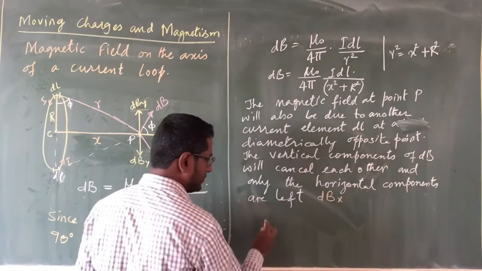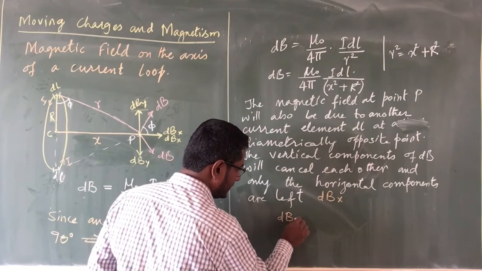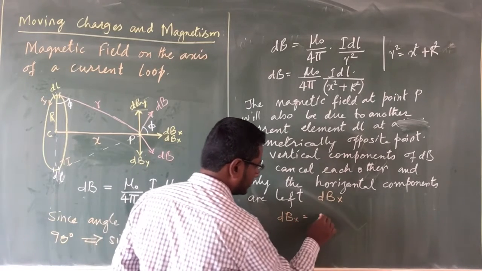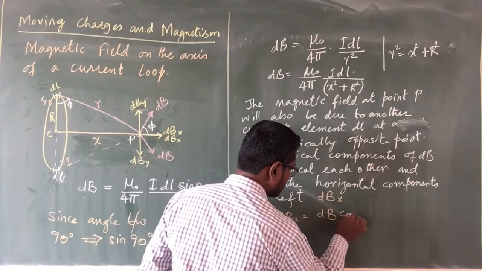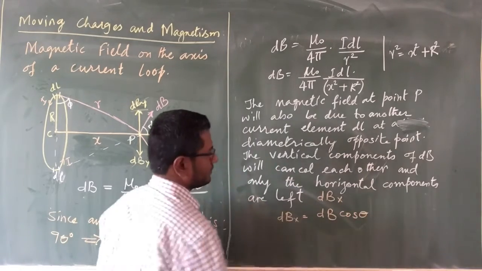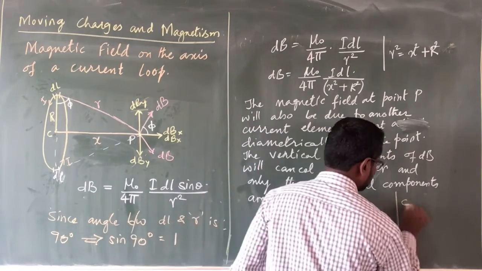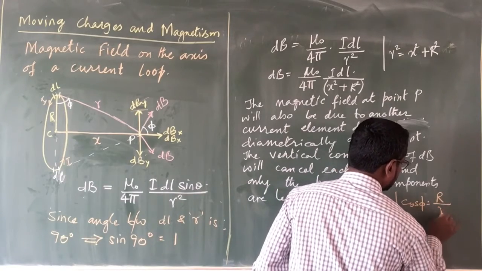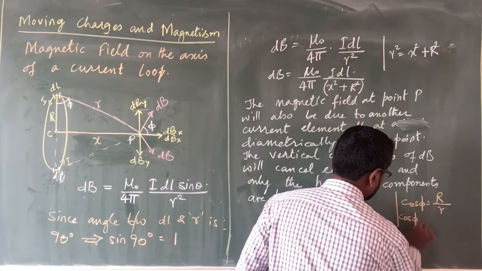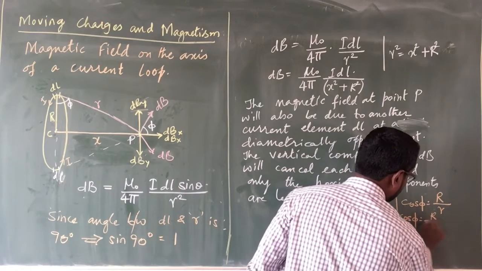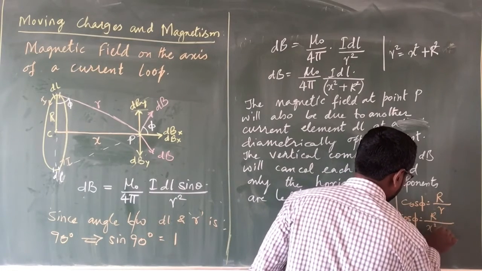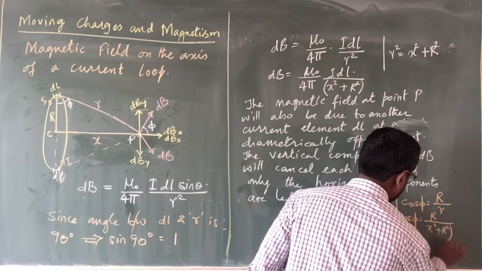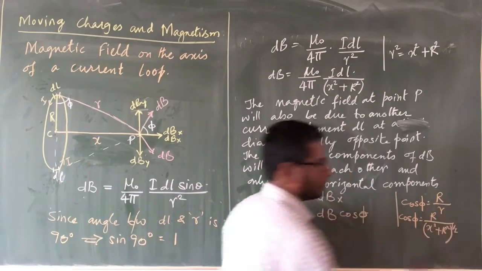So what is dBx? dBx is equal to dB cos phi, as cos phi is equal to R divided by r, that is R divided by x square plus R square whole to the power of 1 by 2.